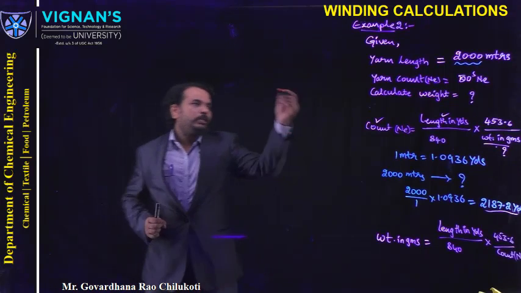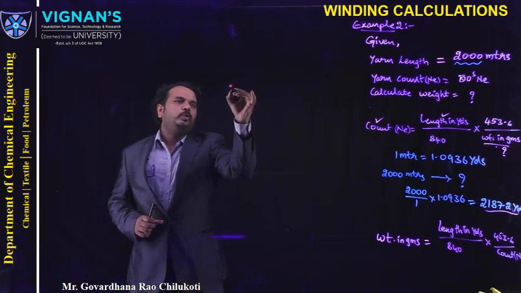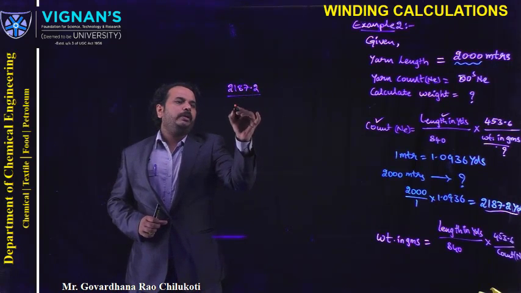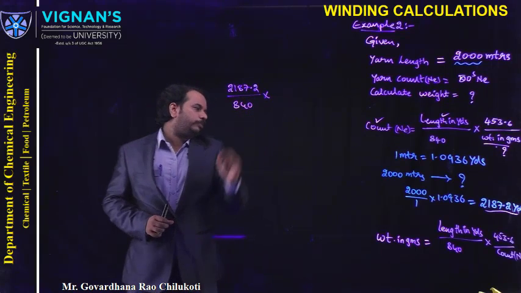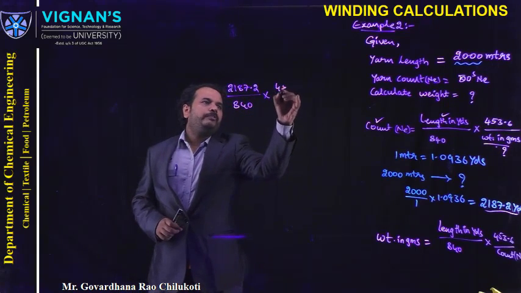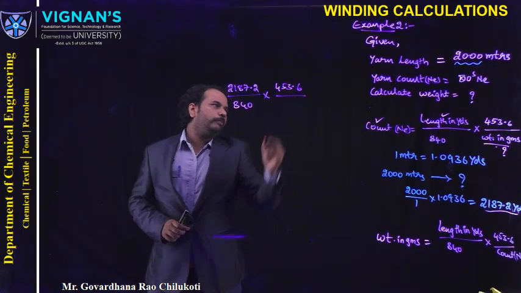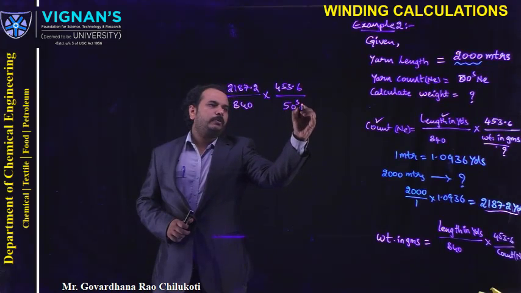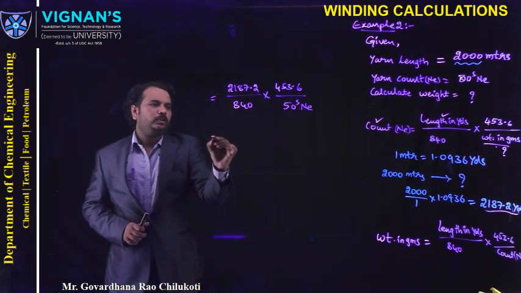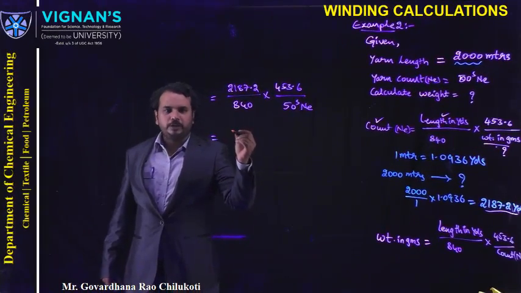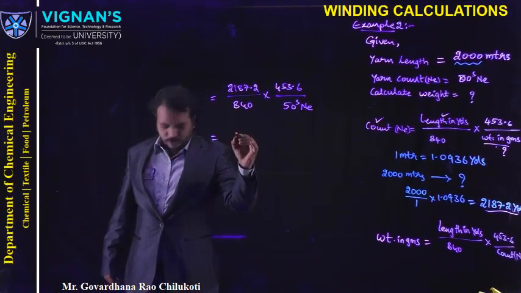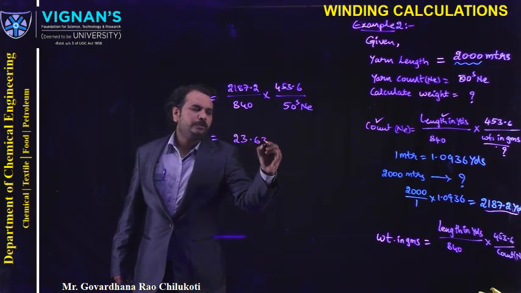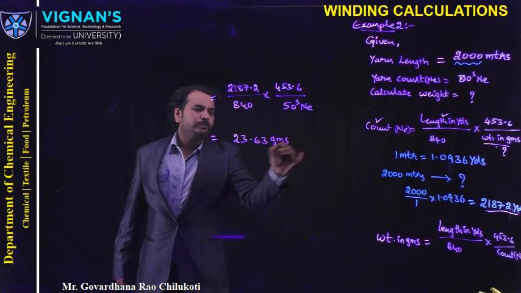So now what is the length? Length is 2187.2 divided by 840 multiplied by 453.6 divided by the count, that is given as 50s Ne. If it is calculated, it comes to around 23.63 grams.